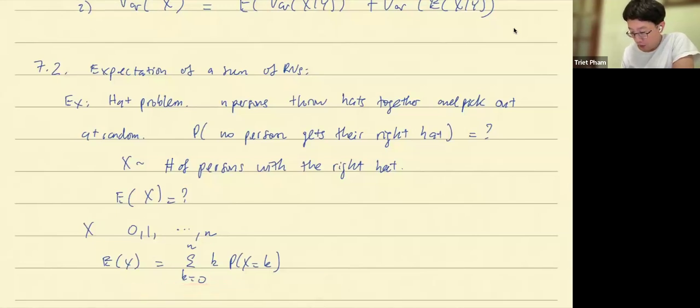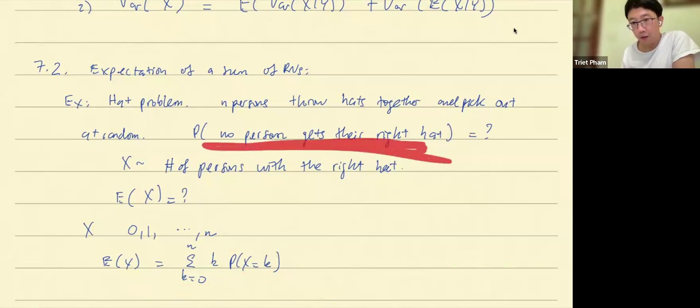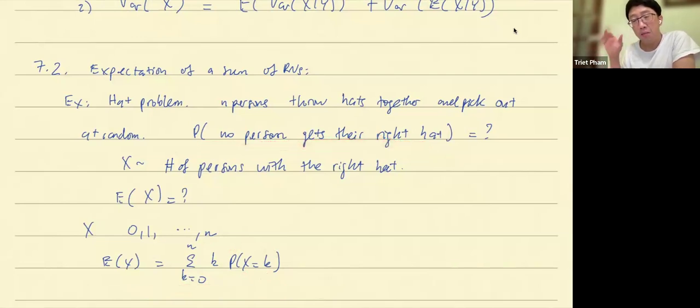The first thing you should realize is that the probability X equals K is something to deal with. Why? Because it's the probability that exactly K people get the right hat. If you remember, that is a mix of the inclusion-exclusion formula with this question, because if K persons get the right hat, then exactly n minus K persons must not get the right hat.